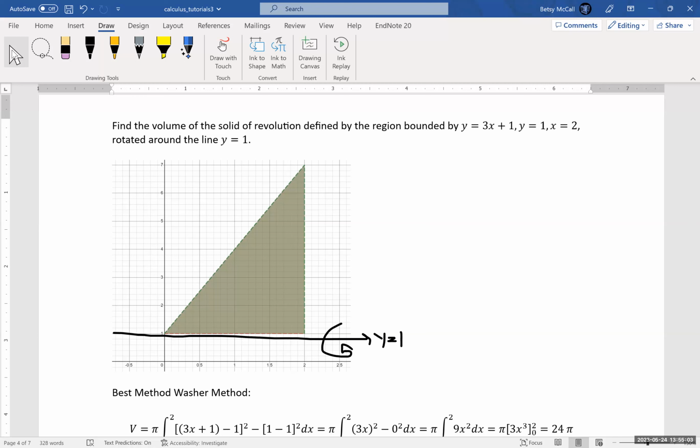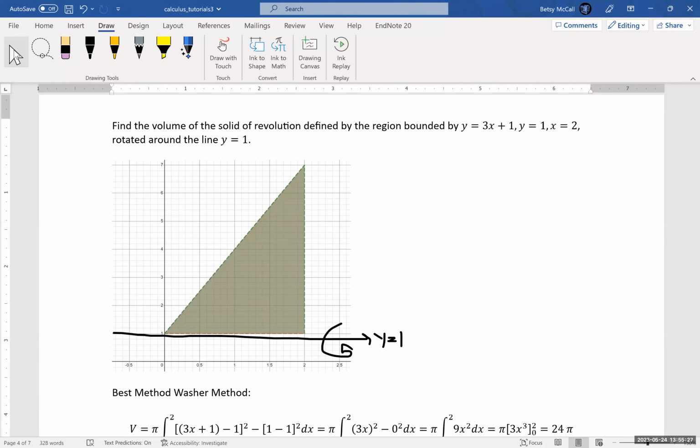When you're dealing with a function that's offset from one of the axes, you have to think about what axis it is parallel to. And y equals 1 is parallel to the x-axis. So we're going to treat it like it's rotating around the x-axis. That's the orientation of our function.